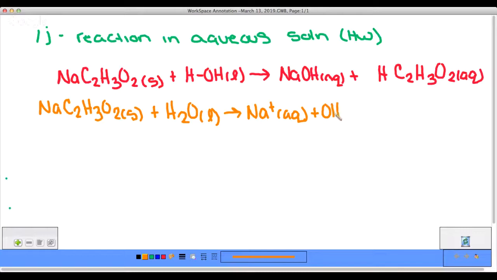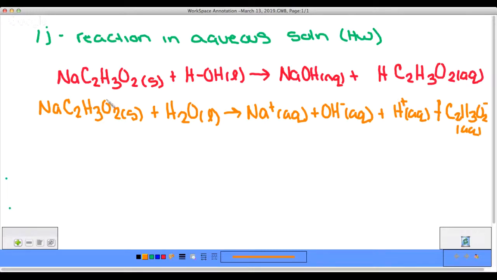So our net ionic equation is kind of a strange one, in the fact that nothing actually gets canceled out. So this is going to be plus NaOH aqueous, and plus C2H3O2 aqueous with a negative sign.